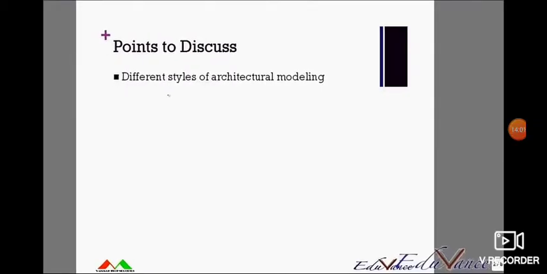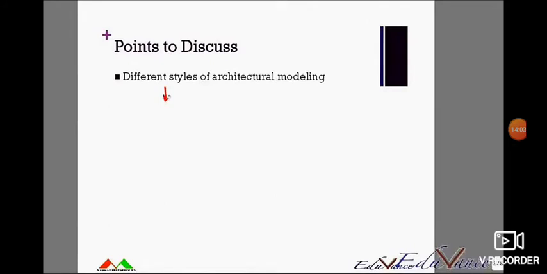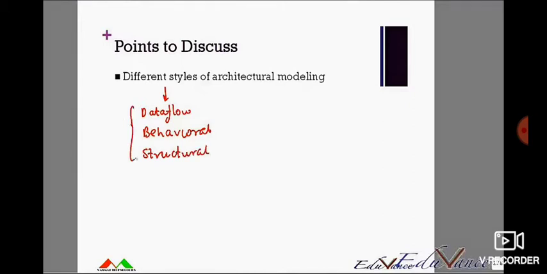Time on the different styles of architectural modeling, which we saw in the first lecture, which were data flow, behavioral, and structural. We'll just spend a few minutes looking at each of these in a little more detail with an example.